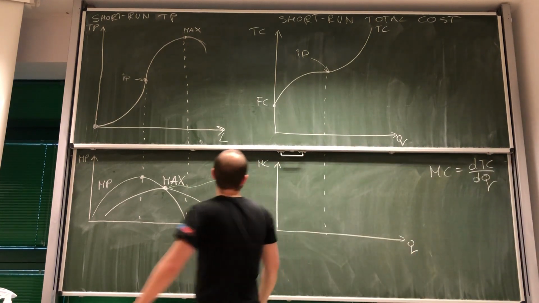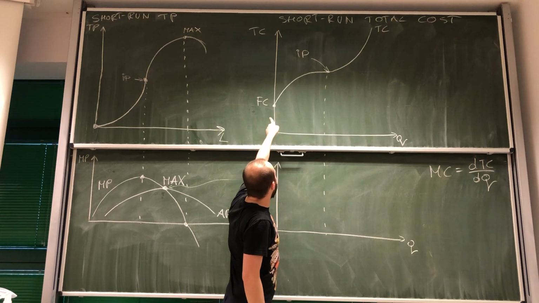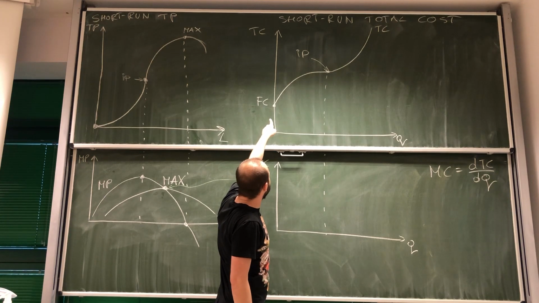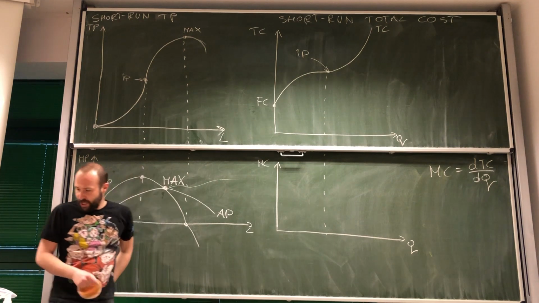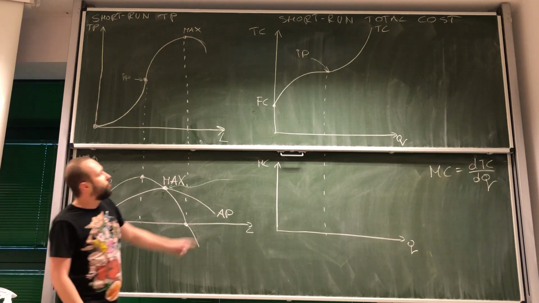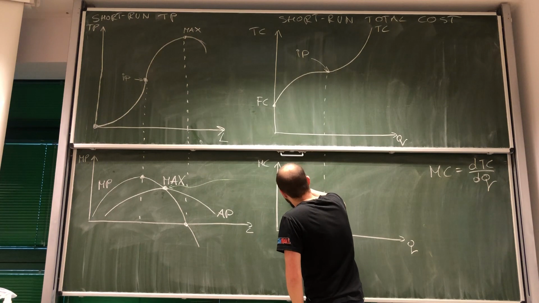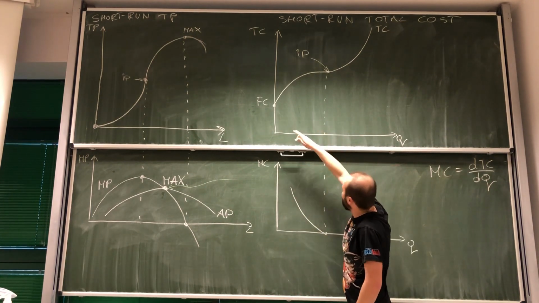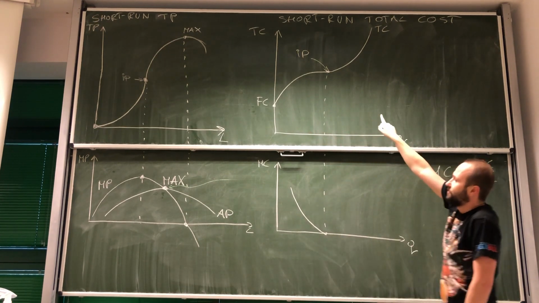But look, what we see over here is that total cost is increasing, but it's increasing slower and slower and slower. And look, what is the slope of the function at inflection point? It is 0. So actually, marginal cost over here is going to be falling because look, the slope of the function is getting lower and lower and lower, and then it is 0, right?